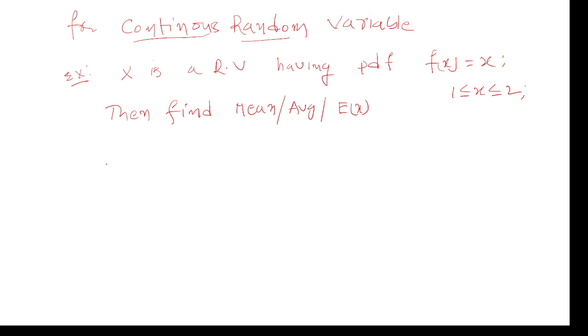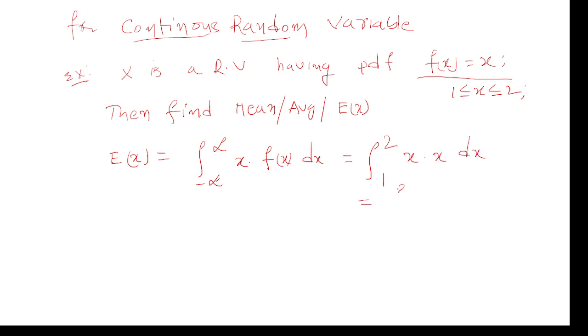As discussed, the mean or E of X for a continuous random variable is E of X equal to the integral from minus infinity to plus infinity of x multiplied with the probability density function f of x dx. The limits given are 1 to 2, and x is multiplied with the density function f of x equal to x, dx.